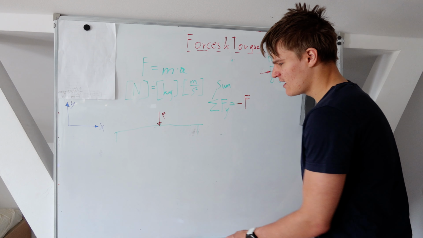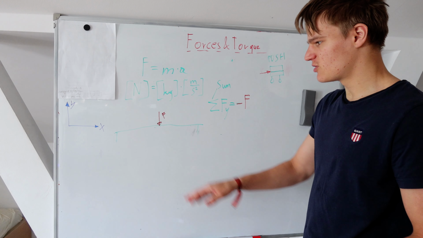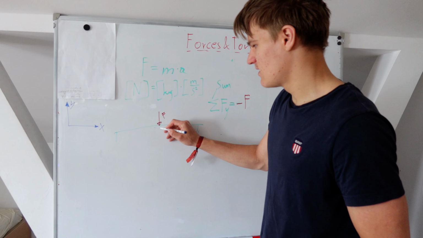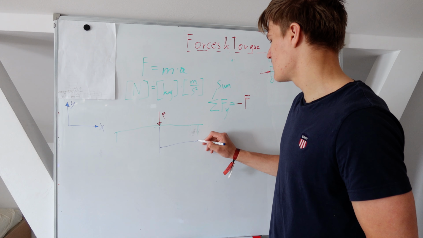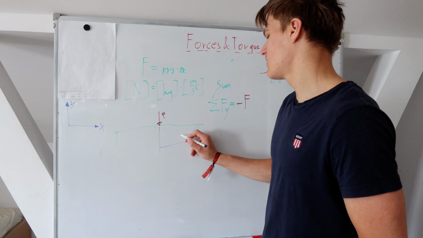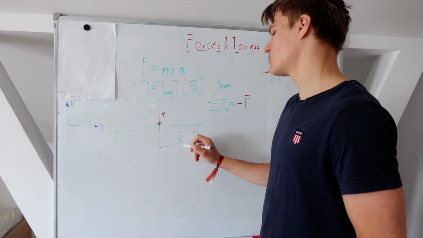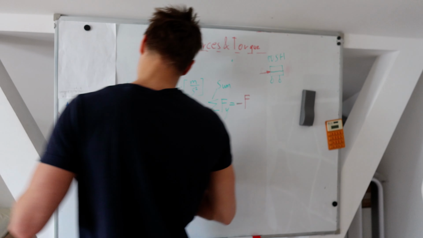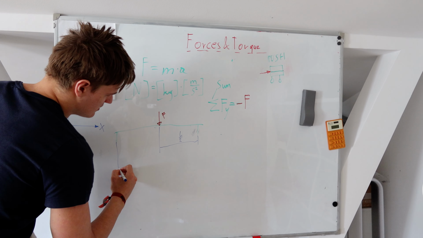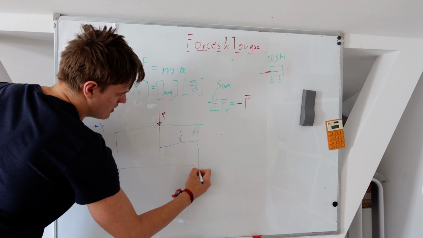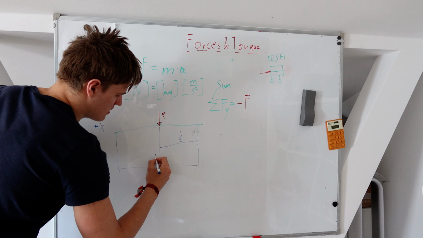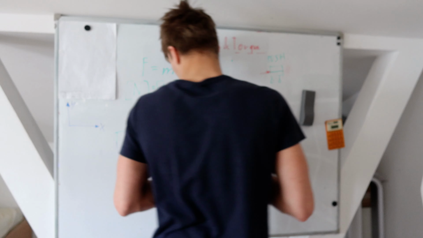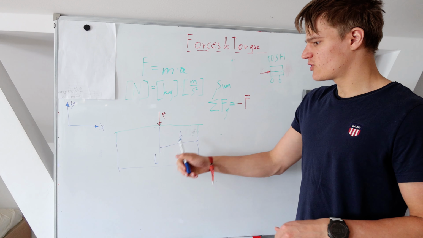And now comes the interesting part, because you're sitting exactly in the middle. Some of you might say, okay, this is just length over 2, and this is the whole length. Let me just define that straight away. Length over 2, whole length.